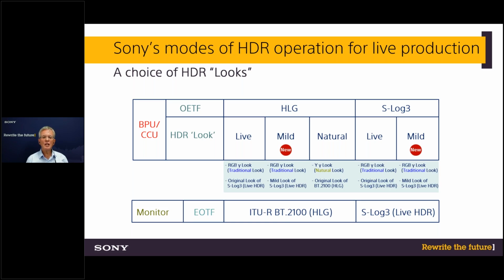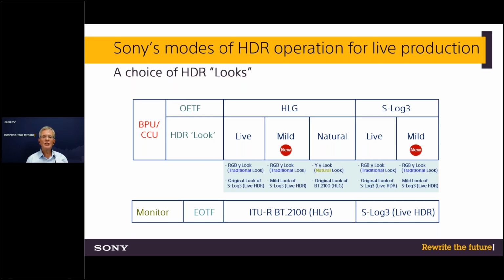Note that HLG Live exhibits an original look of S-Log3, and the new HLG mild setting exhibits a milder look of S-Log3. For HLG Natural, the look is that of ITU recommendation BT 2100.